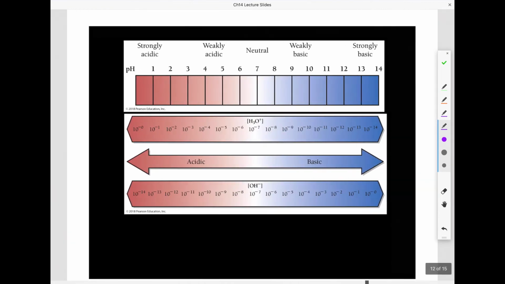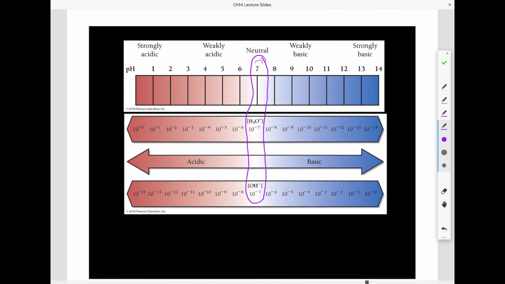So let's do a quick pH calculation together. Oh, this is just another figure. This is just lining up two different figures from your book, where let's talk about something that is neutral, for example, which means pH of 7, which means that, again, hydronium is equal to hydroxide at 10 to the negative 7th.